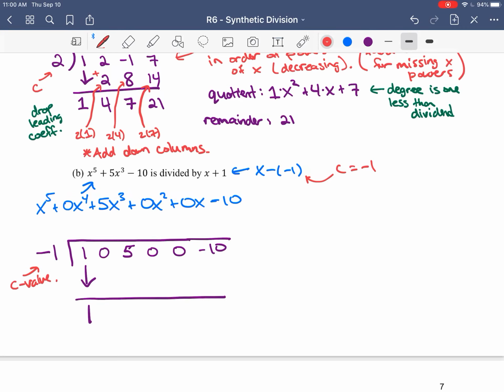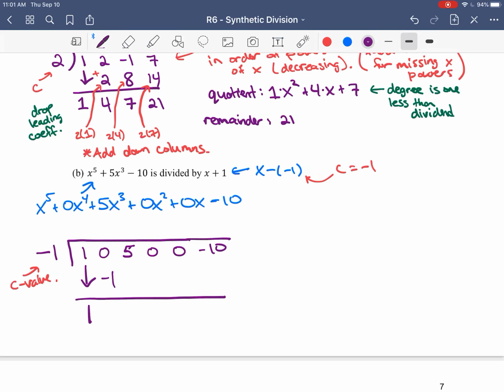When you're doing synthetic division, you always bring the first coefficient down, and then to find the entries in this row, you always take the c value and multiply it by the entry before that, down here. So we take negative 1 times the 1, that gives us negative 1 in that spot.